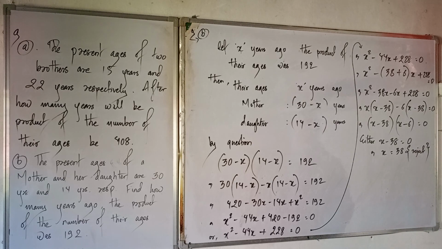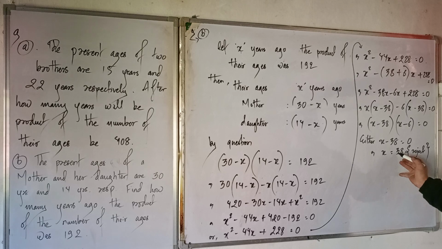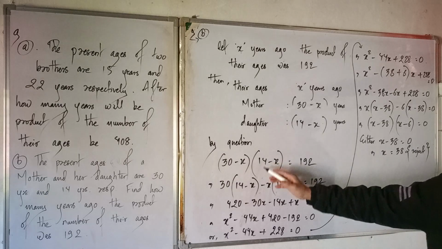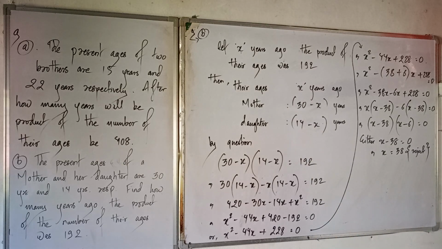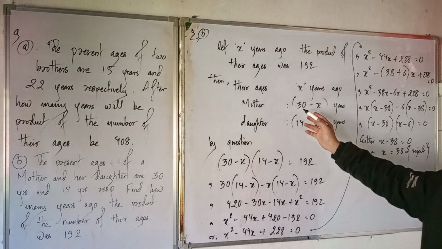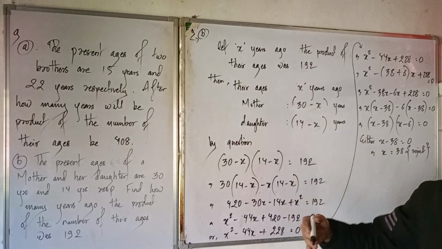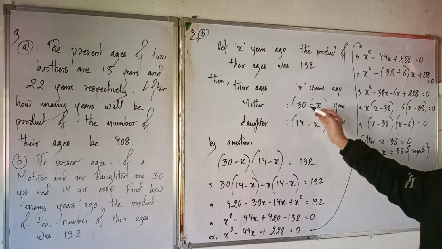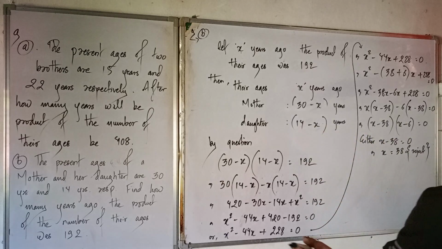The reason you should reject it is that it is too much. 38 years ago, if you are logical, the mother would not even be born, because her present age is just 30. 38 years ago, the mother would be in some mother's womb, and the daughter hasn't even been born.